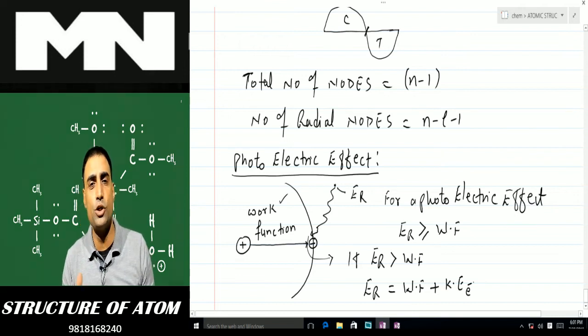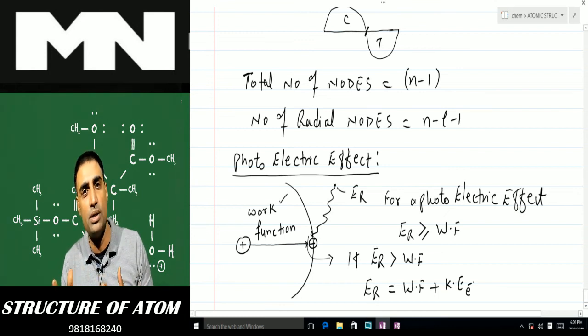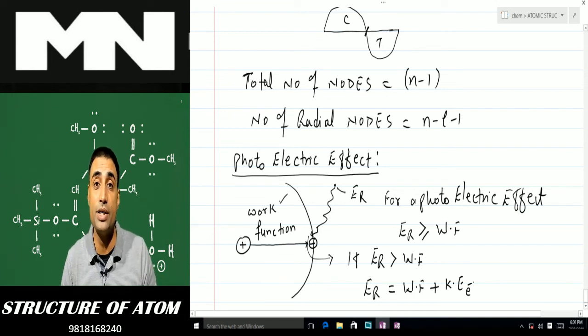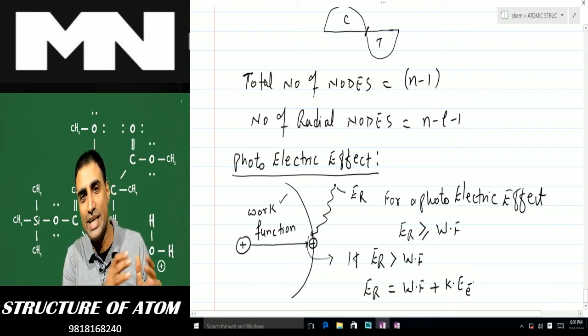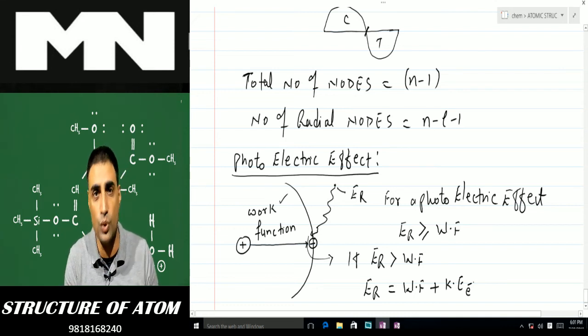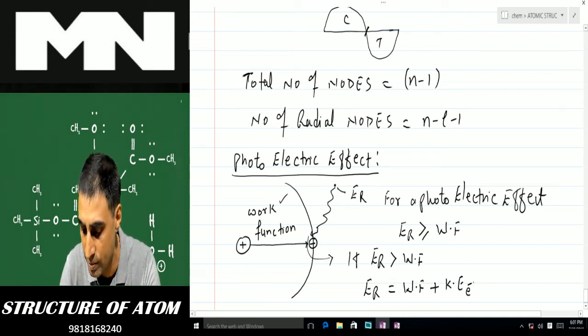In the same example, a radiation of 11 kilojoule gives a kinetic energy of 1. If the work function is 10 kilojoule and a photon of 15 kilojoule strikes, what will be the kinetic energy of the outgoing electron? That will be 5 kilojoule, because with 10 kilojoule it takes out the electron and the remaining 5 kilojoule becomes its kinetic energy. So this is what photoelectric effect is all about.